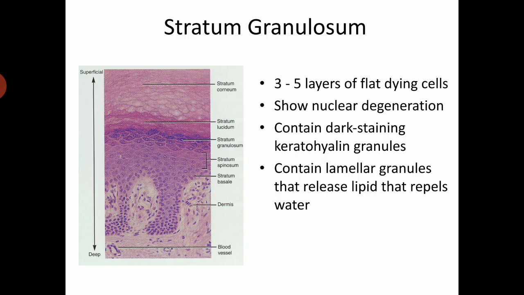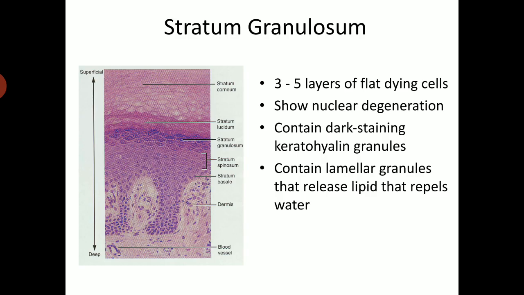The nuclei and the other cell organelles disintegrate as the cells die, but keratin, keratohyalin, and the cell membrane persist and later form the stratum lucidum, the stratum corneum, and the accessory structures of the hair and nails.